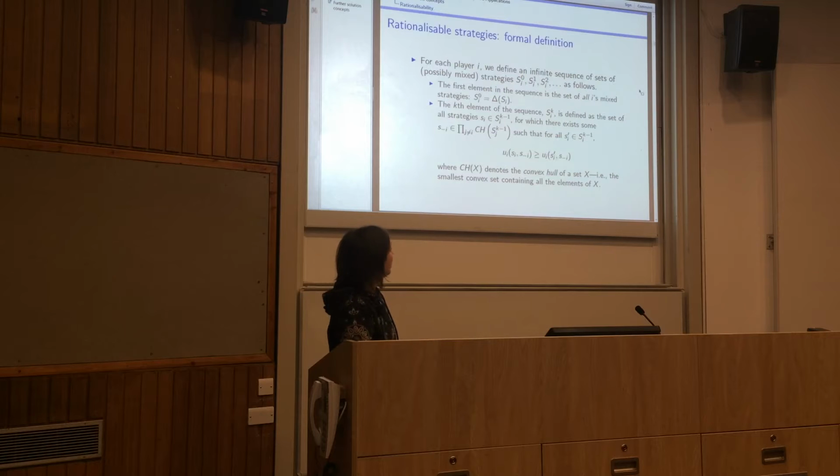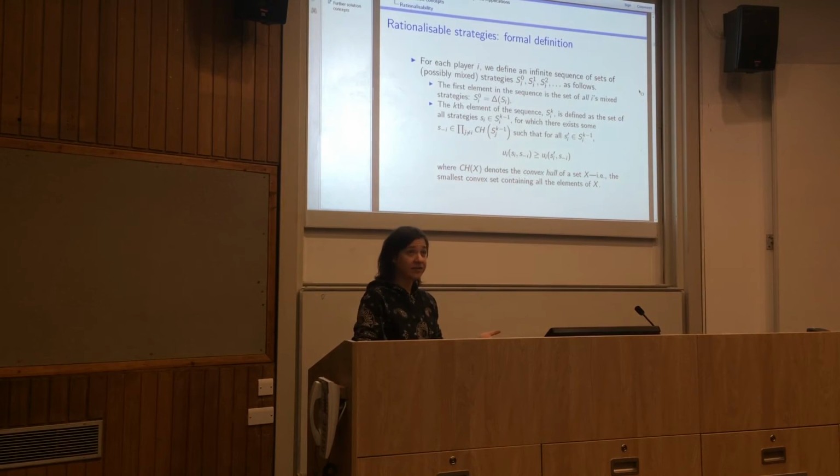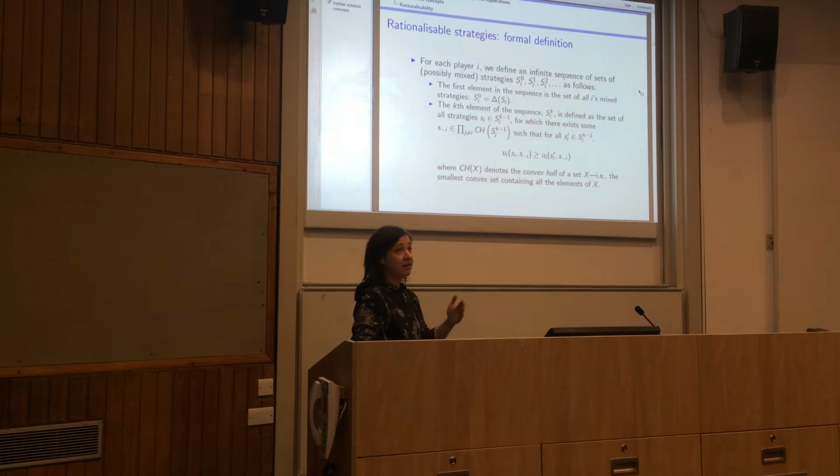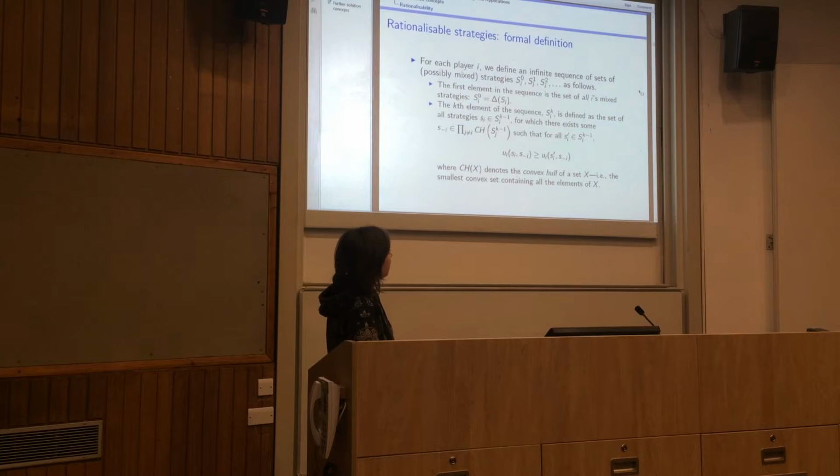You remember that. So the convex hull of some given set is the minimal convex set that contains the given set. Okay, so if we're given some convex set, then its convex hull is exactly the set itself. If we have something which is not convex, then the convex hull of it would be the minimal set that contains the given set. Okay, so we look at the sets in the previous step for all the other players.